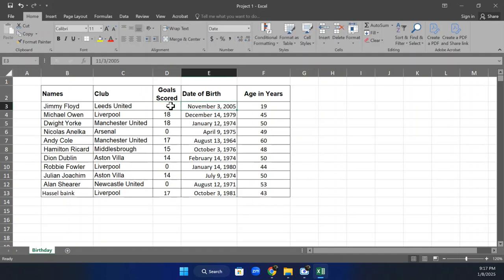But this dash is a zero. So I'll be showing you the right way, instead of just putting the dash and moving to the next part of the question. Then also we will look at the introduction to the IF function.